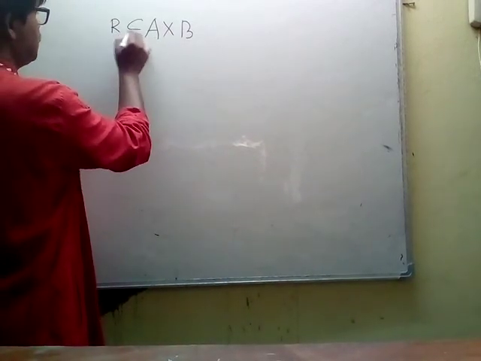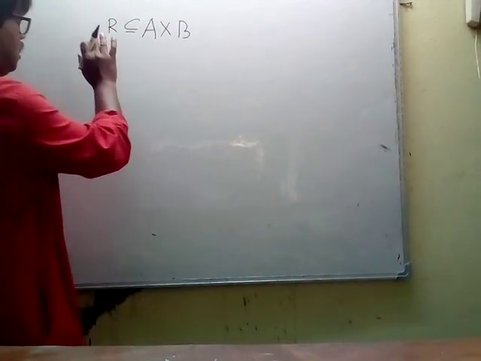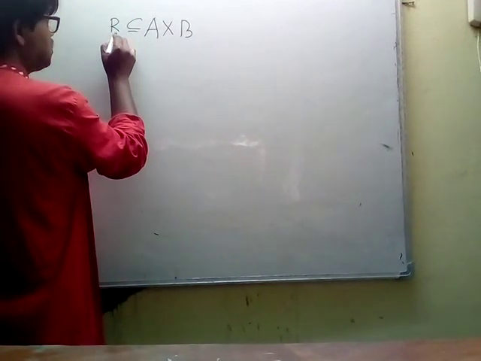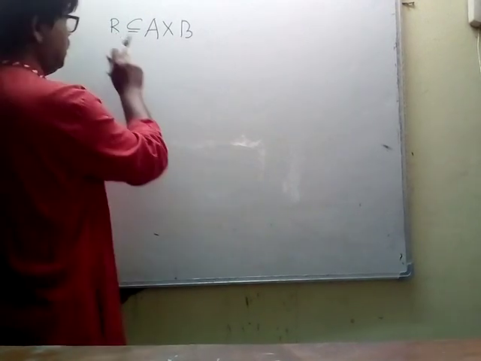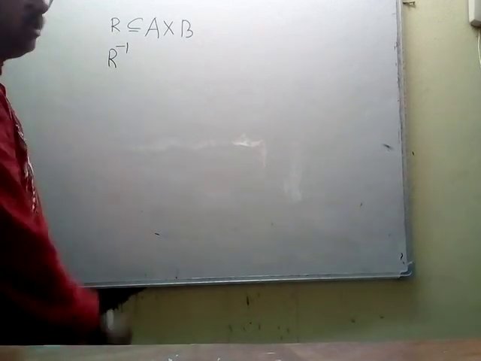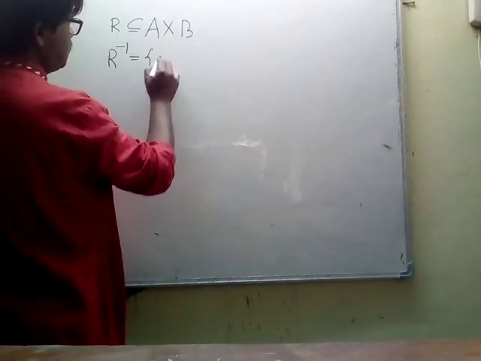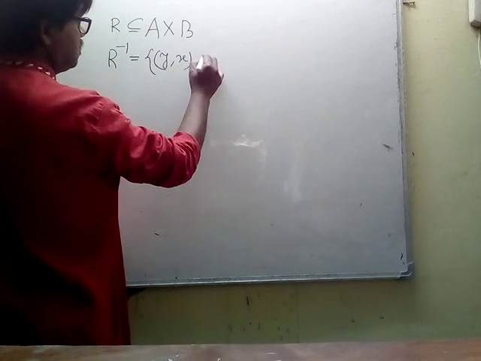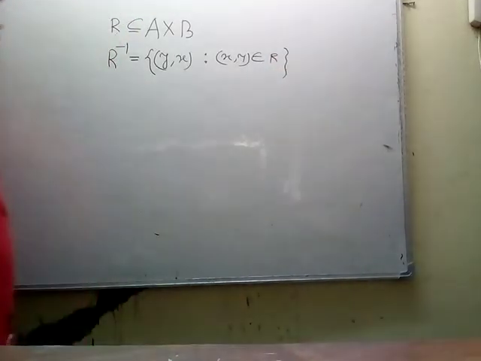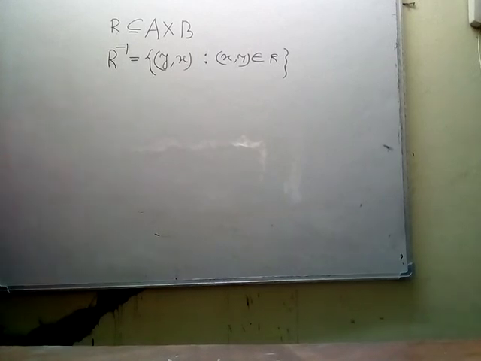Let R be a subset of A cross B, then R is a relation from A to B. The inverse relation of R is denoted by R inverse and is defined by the set of all (y, x) such that (x, y) belongs to R. If (x, y) belongs to R, then (y, x) belongs to R inverse.